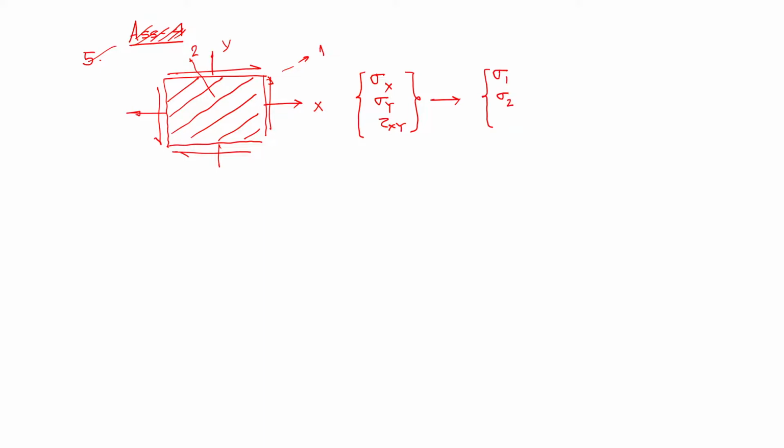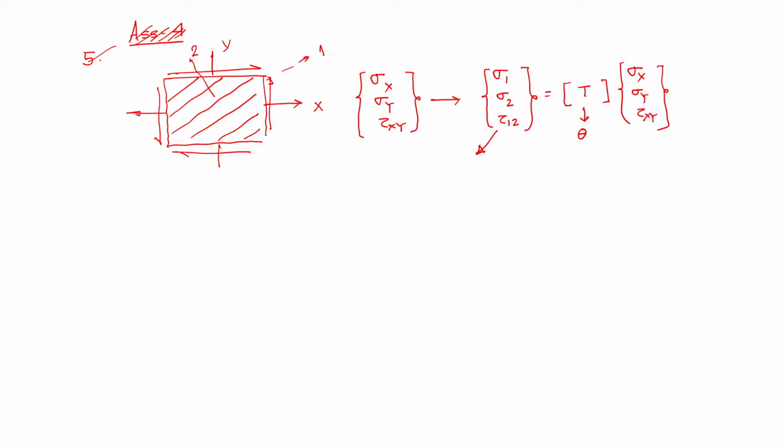Sigma 1, sigma 2, tau 12. How do you do that? You know the transformation matrix, which is a function of theta. Again, you don't have to remember this transformation matrix; that will be provided. So you can find out the material axis stresses. Once you find them, suppose you want to use an appropriate failure theory, say the maximum stress criterion or the Tsai-Hill criterion: just put these in that criterion and decide whether it is safe or has failed.